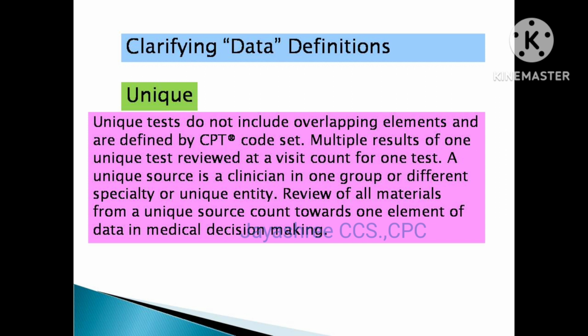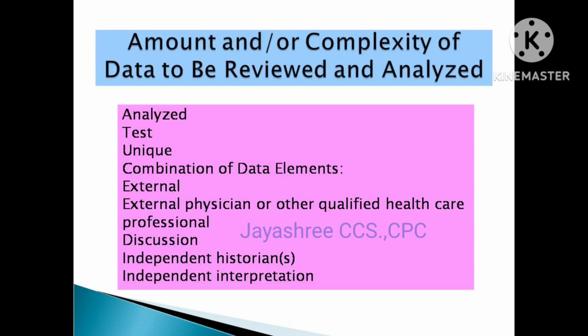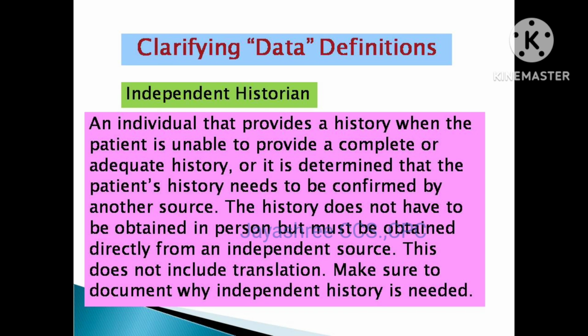Okay. Then what is the independent historian? When the patient is unable to provide a complete history, the patient's family or patient's guardian or those people will provide the patient's complete history to the physician. So that will be considered as an independent historian.